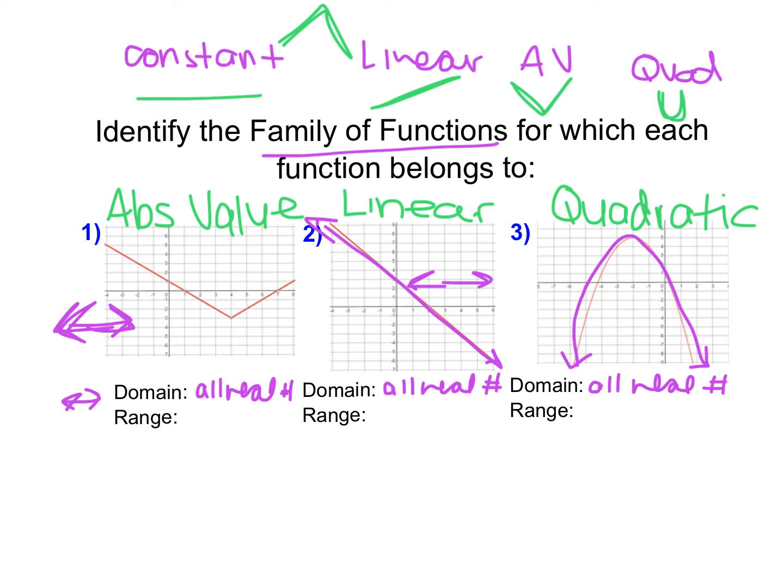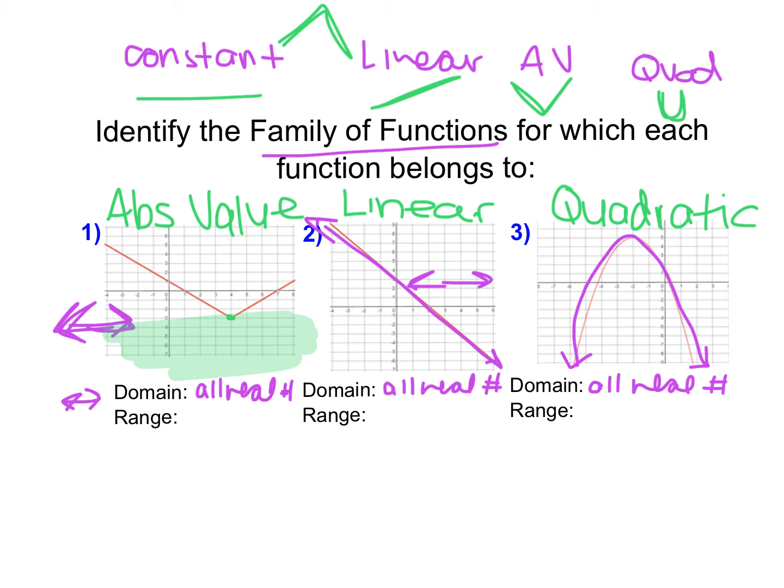Now where this is going to differ is when it comes to the range. So the range represents all of the possible y values that are needed to make a graph. If I look at this absolute value graph, what I notice is that this graph doesn't go below -3. If I look at this entire space down here, what I notice is the graph doesn't go down here. So what that means is that we have a restricted range. So our range isn't all real numbers.